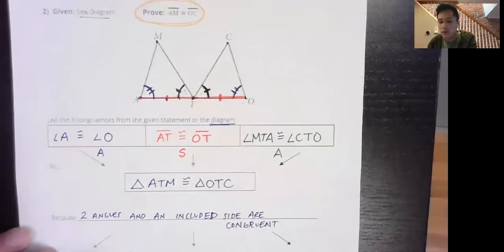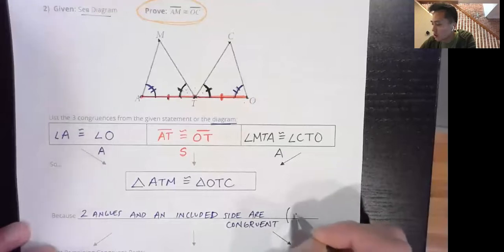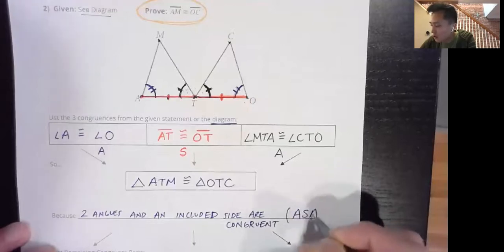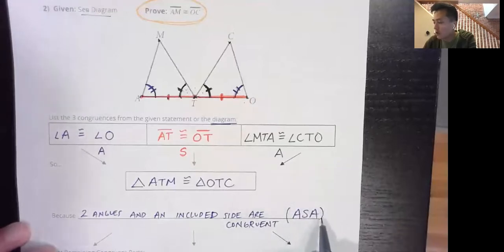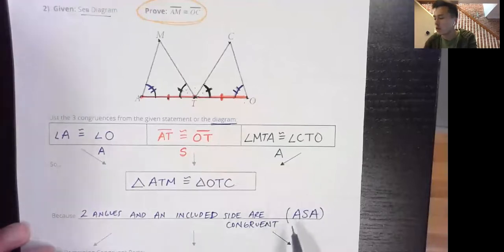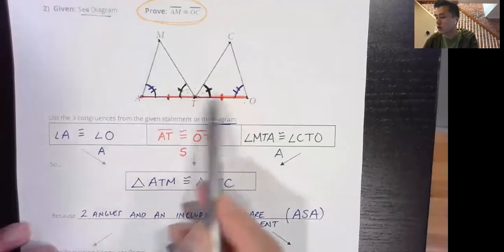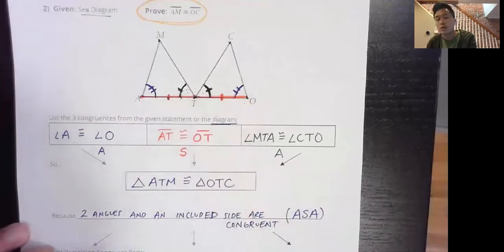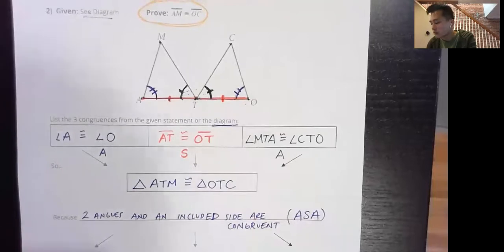The shorthand for that is ASA, angle side angle. The side is in between the two angles. That's the criteria that we know is true, and that's why we know those two triangles are congruent.